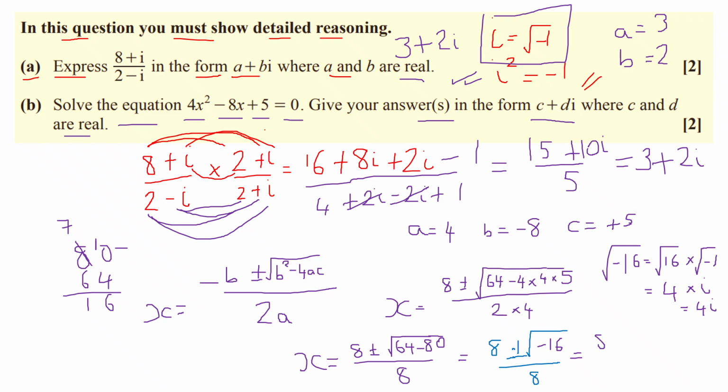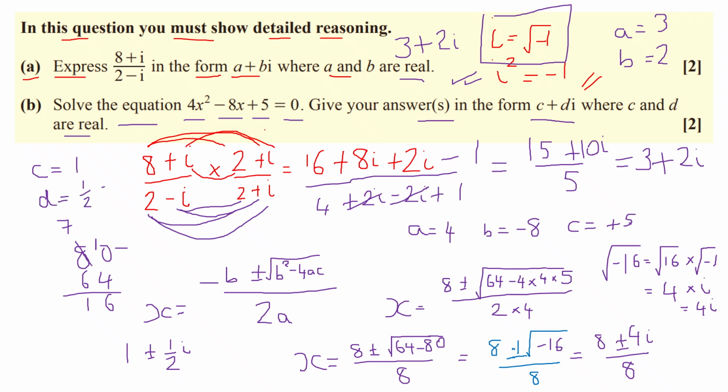So I'm going to have 8 plus or minus 4i all over 8. Divide through everything by 8. So we get 1 plus or minus a half i, where in this case c is equal to 1 and d is equal to 1/2 or 0.5.